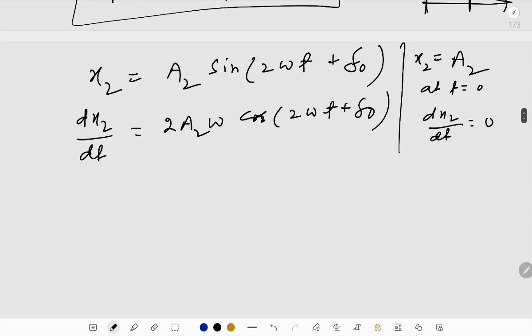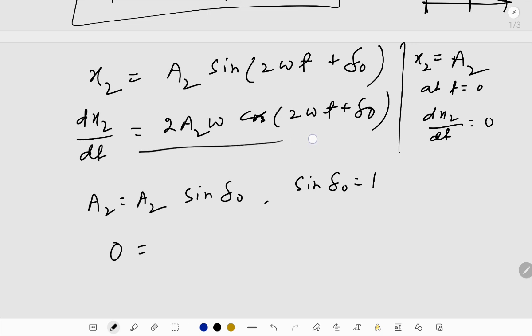So I can write here a2 equals a2 sine delta naught, t equal to 0 I put. That means sine delta naught equal to 1. That is a good condition, and dx2 by dt equal to 0.